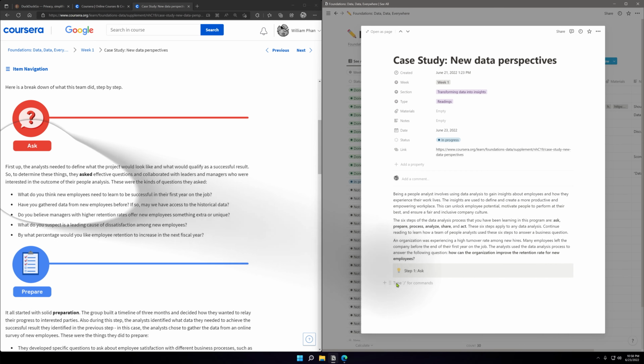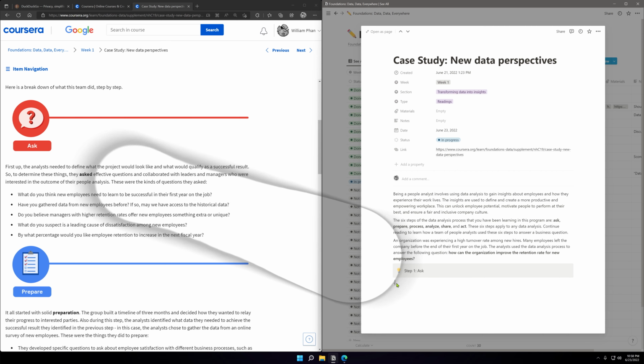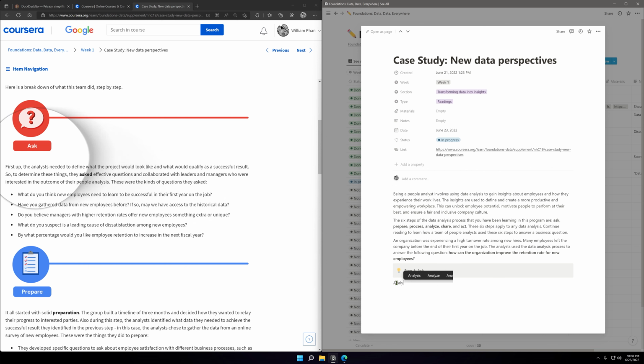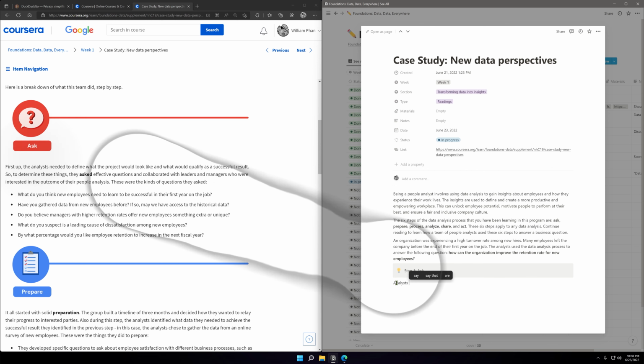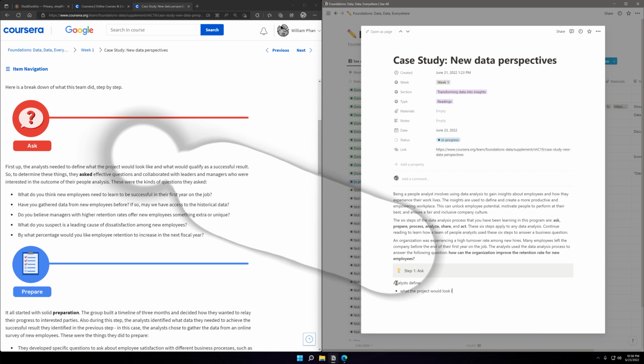First up, the analysts need to define what the project would look like.